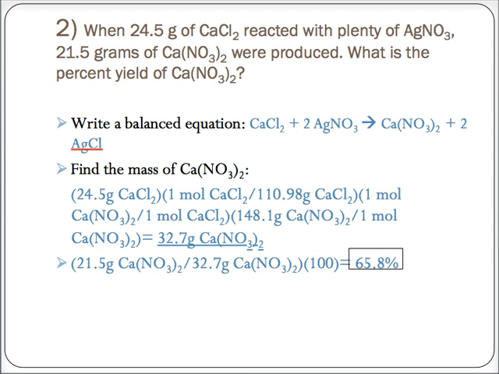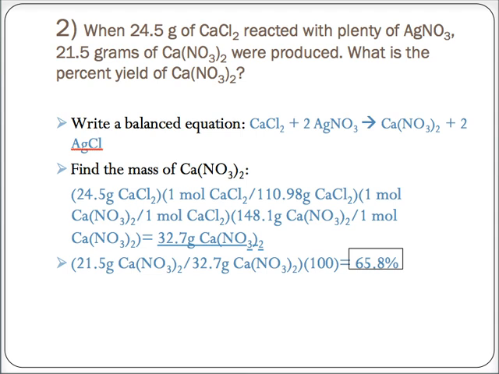We multiply that by the mole-to-mole ratio between CaNO3 and CaCl2, which is a 1-to-1 ratio. We then multiply that by the molar mass of CaNO3, which is 148.1 grams per mole, to get the mass of CaNO3 of 32.7 grams.